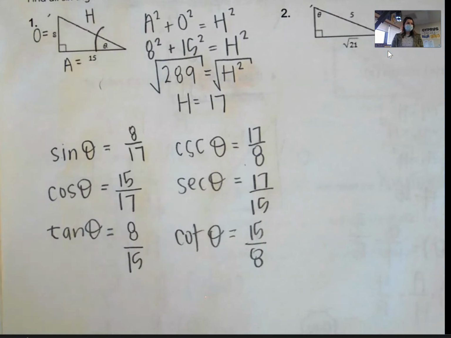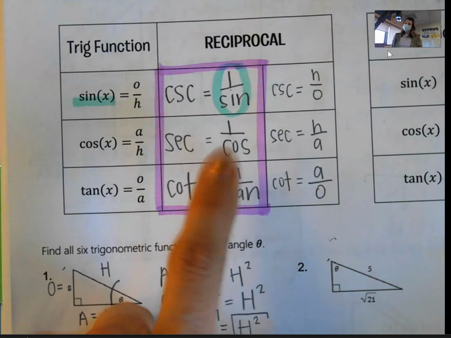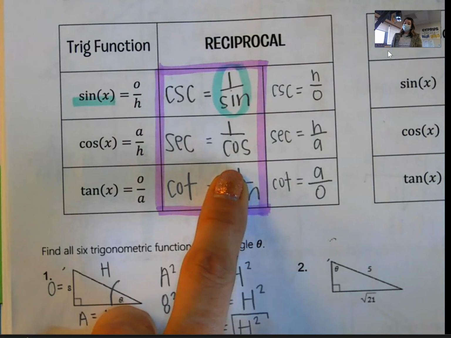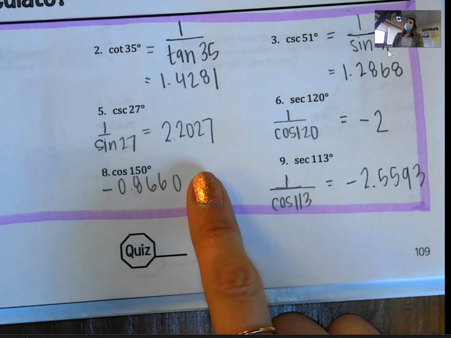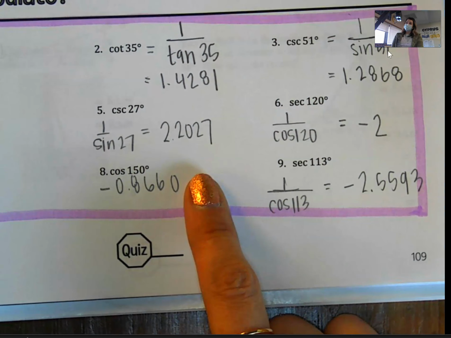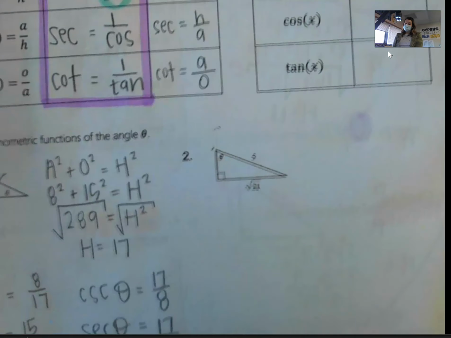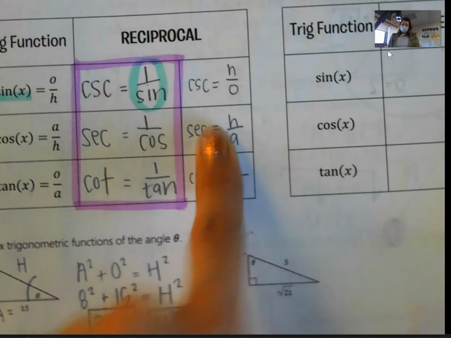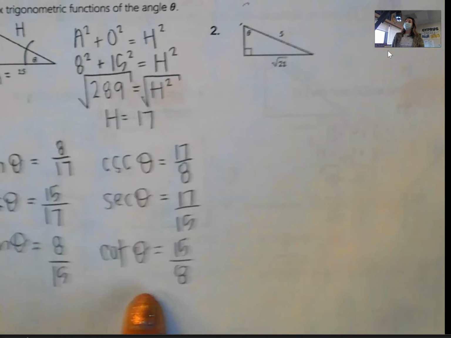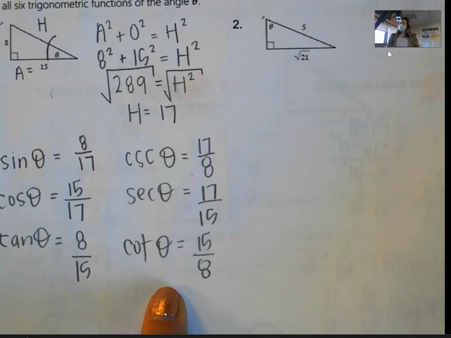Not too bad. Do you guys agree? Yeah? So we use the middle column when we're doing the actual value, so the decimal value. We use the third column when we are asked to give all of the ratios.